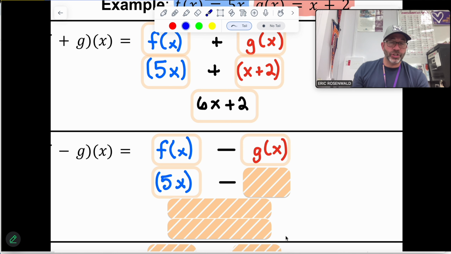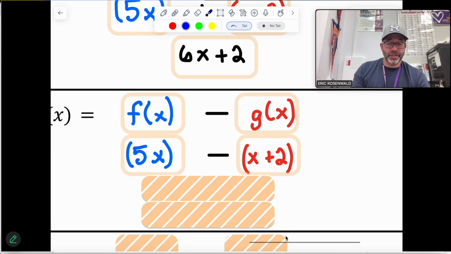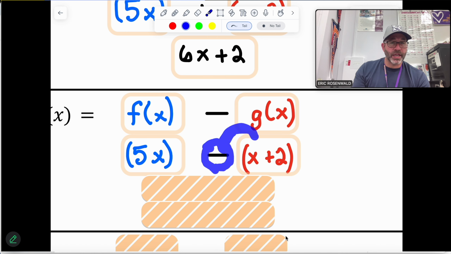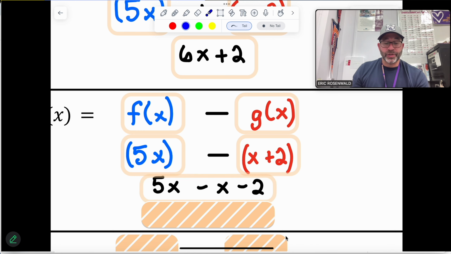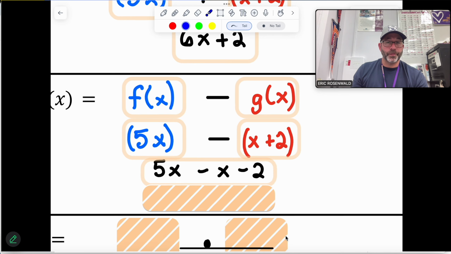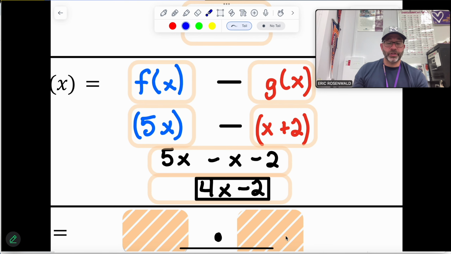But when I take the g of x and put x plus 2 in there, the minus sign is going to have to be distributed to the x, and it's also going to be distributed to the 2. The plus wouldn't change anything, but the minus distributes and changes a lot. So now we end up with 5x minus x and then minus 2. Again, we combine like terms, and we end up with 4x minus 2.